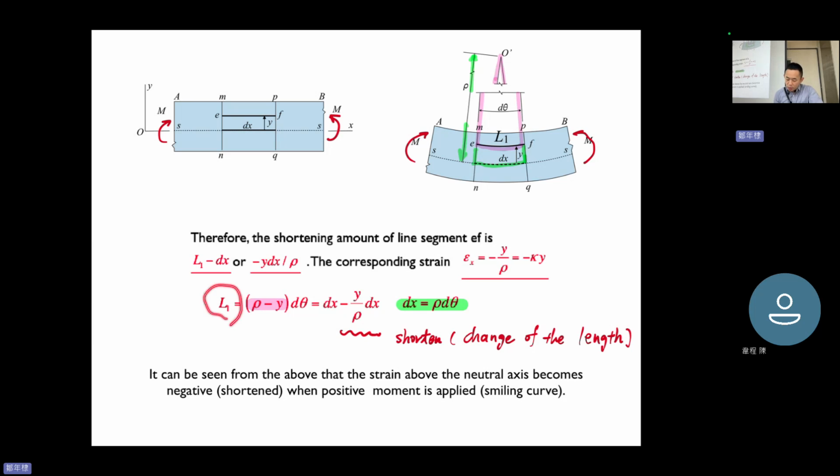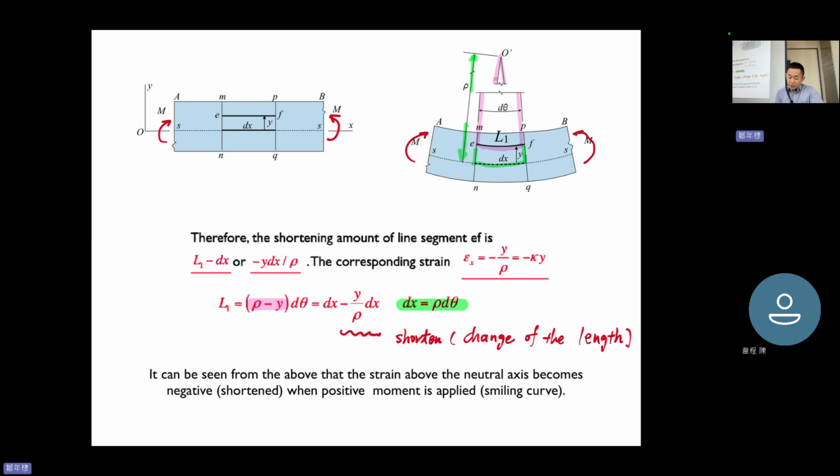Now, how to determine L1? You can use the radius of curvature, the pink arc. The pink arc is rho minus y, times d theta, and dx is rho d theta, the green arc. By substituting d theta using this relationship, you can make L1 simpler: dx minus y over rho times dx.